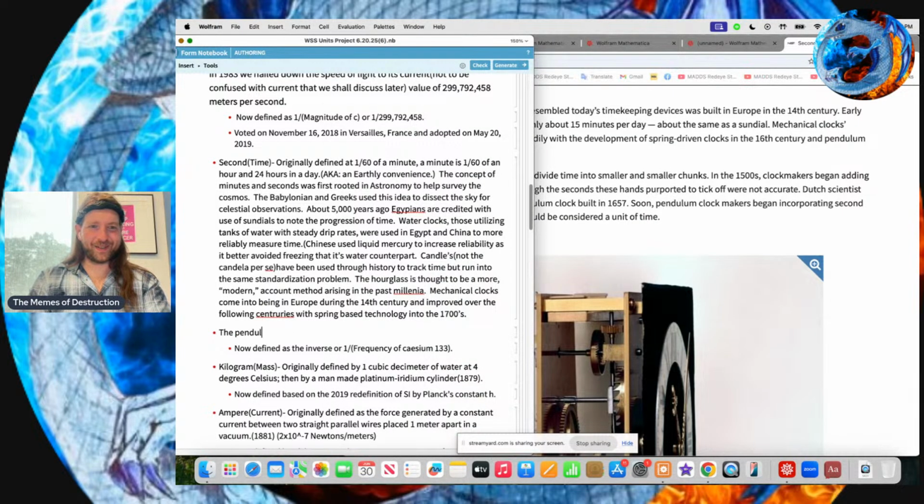A pendulum clock developed by Christian Huygens. Are there two A's in Huygens?